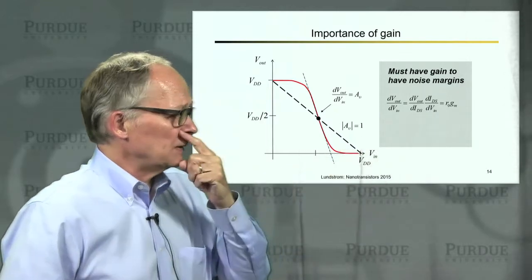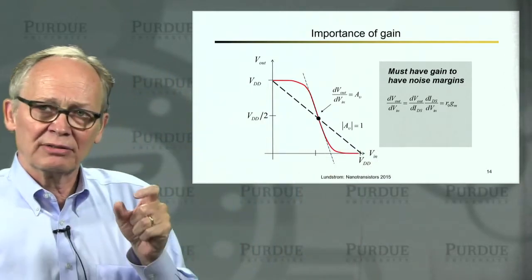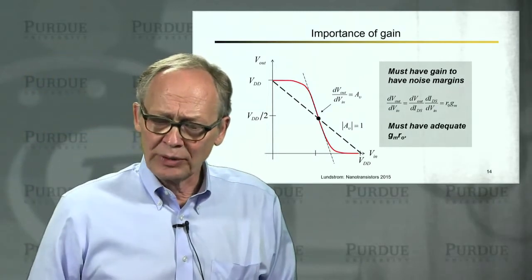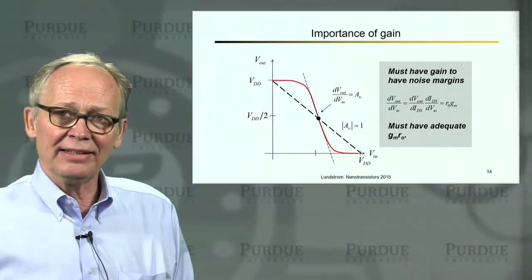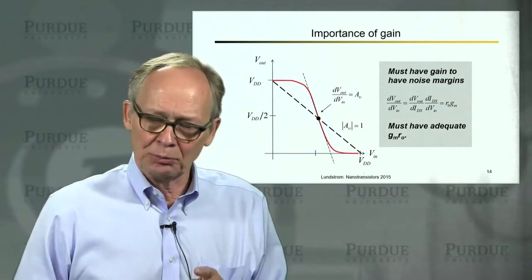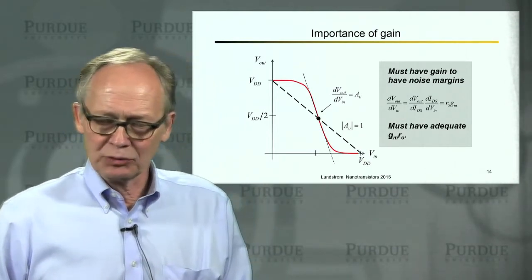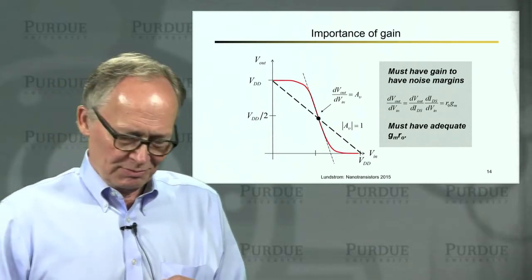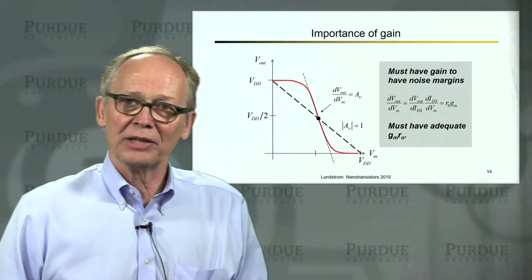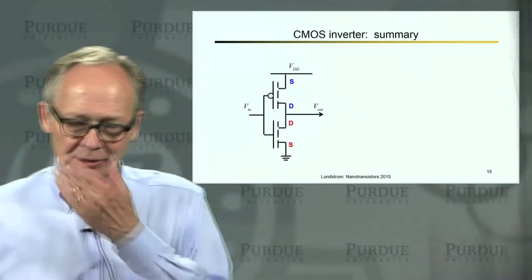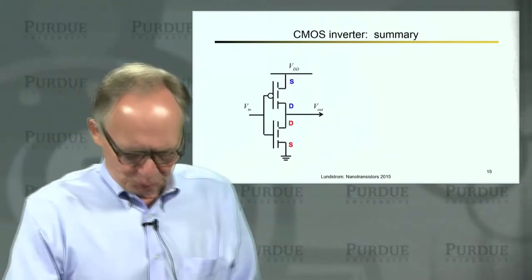If you look at the second term, that's the change in drain current for a change in input voltage. That's what we call the transconductance. So an important point is that the gain is transconductance times output resistance, and that number must be big enough to give us big enough noise margins. We need transconductance as an important device metric. Output resistance is an important device metric because the two together give us noise margins on our circuit.